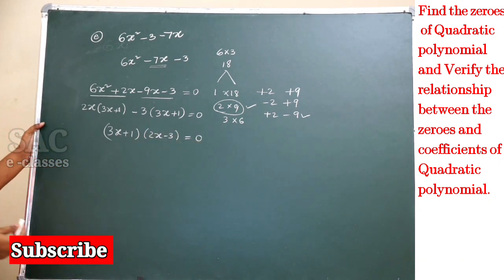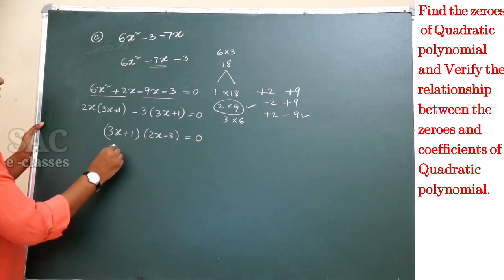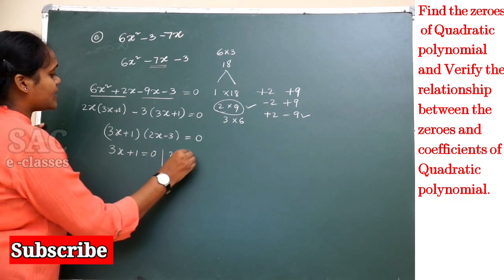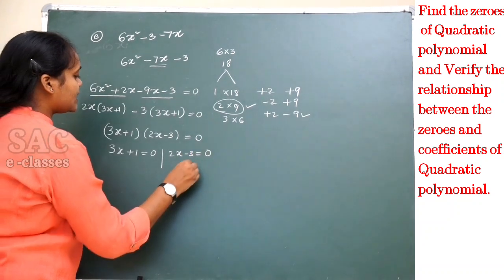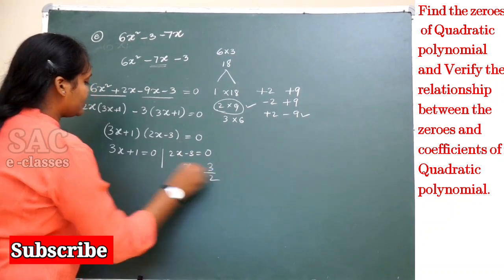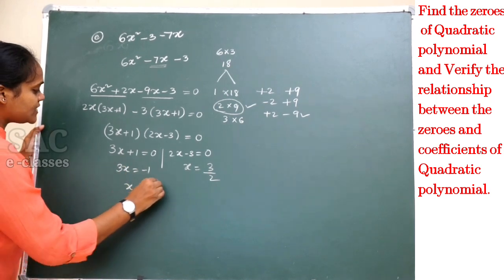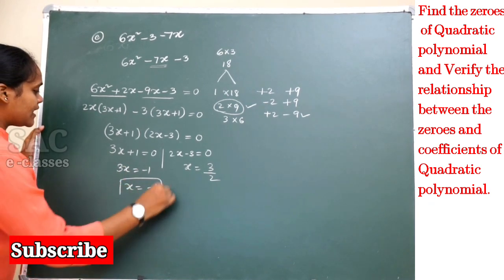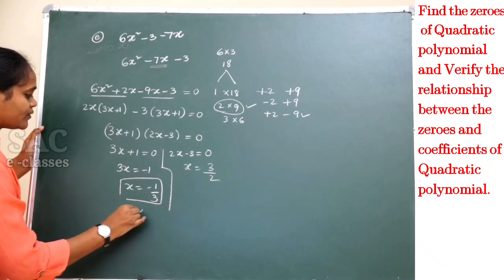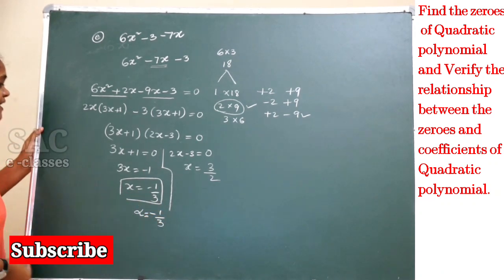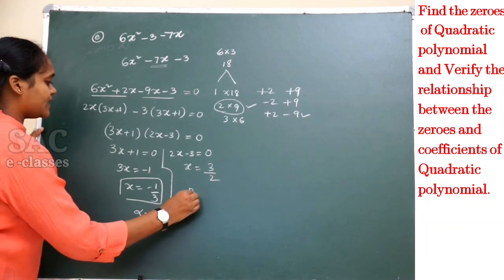But we know that being non-zero divisors, either the first factor equals 0 or the second factor equals 0. Clearly, x is minus 1 by 3, x is equal to 3 by 2. You know that the first one we take as alpha, alpha is minus 1 by 3, beta is 3 by 2.